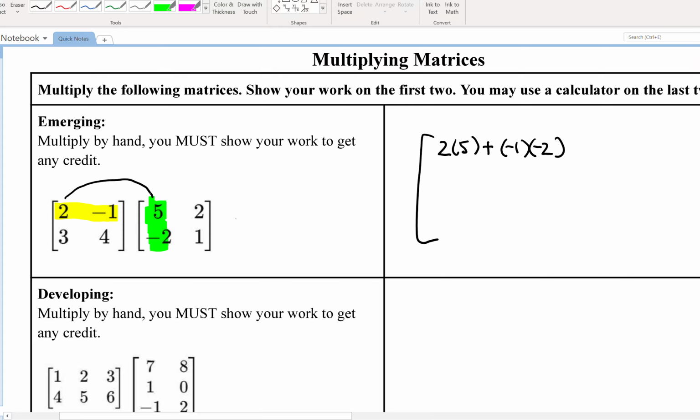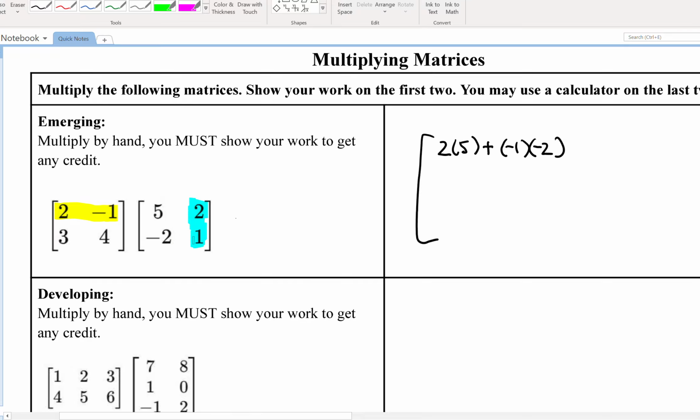So here and then here, which is why the number of columns from the first matrix has to match the number of rows on the second matrix.